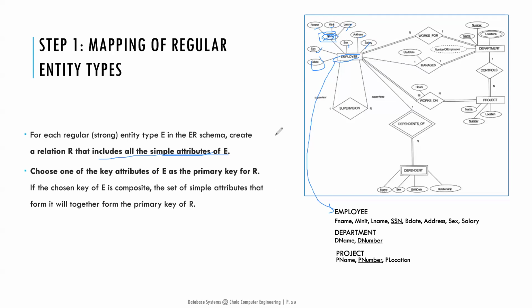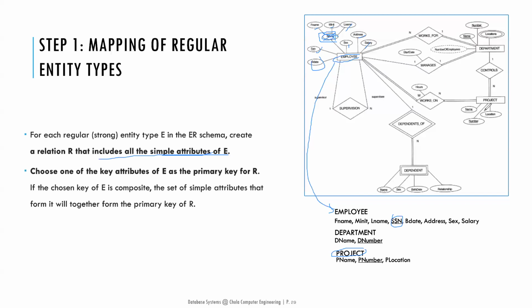Now, for project, let's take a look. By the way, with employee, I see SSN as a key, so I underline SSN here. Now for project, of course I write out the project relation. I take simple attributes: name, number, and location.